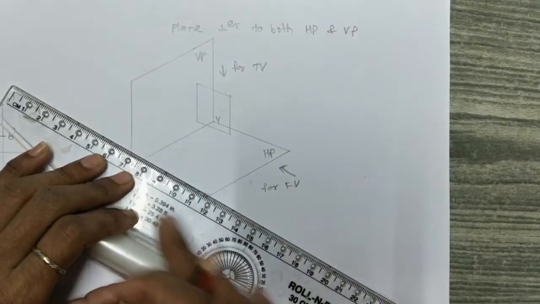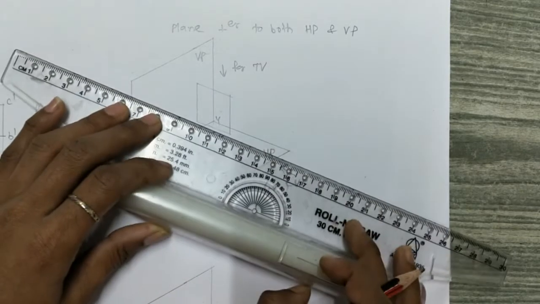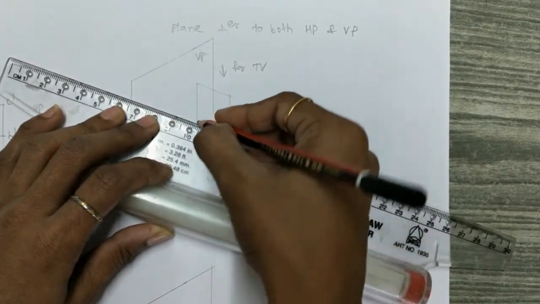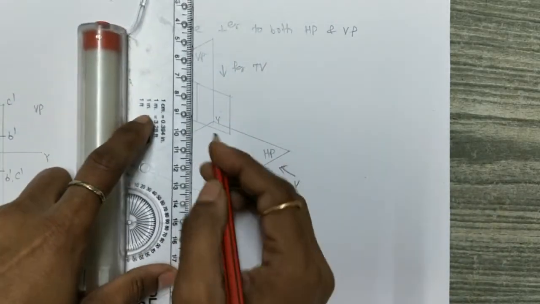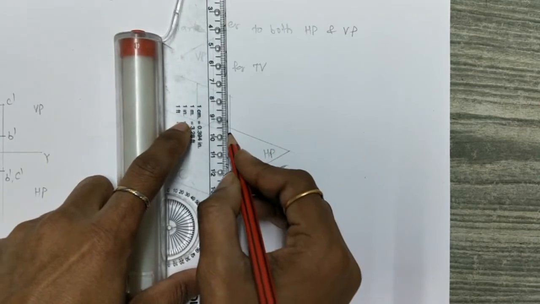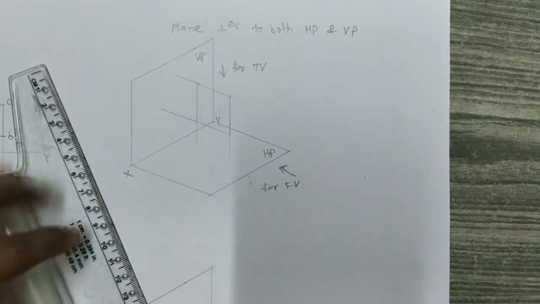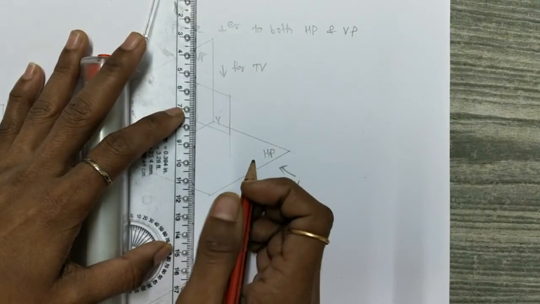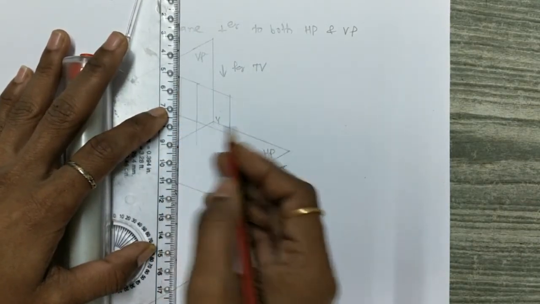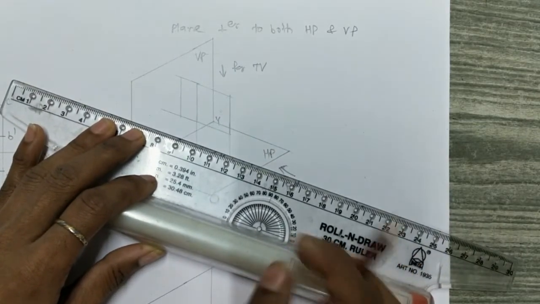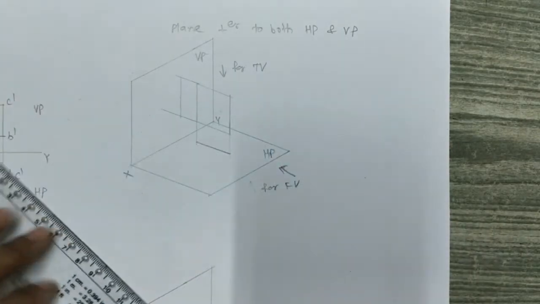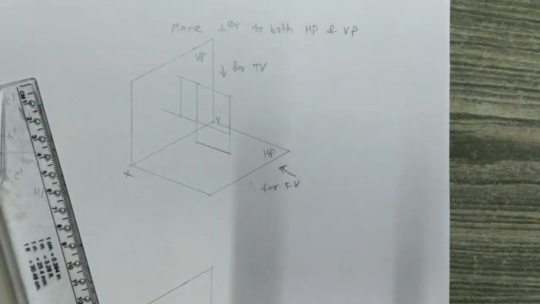So when you see from this direction, only a line will appear. So draw a line for front view. And when we see from top, then also only a single line will appear. So here front view and top view both are straight lines. For this condition where plane is perpendicular to both HP and VP, front view and top view both are straight lines.